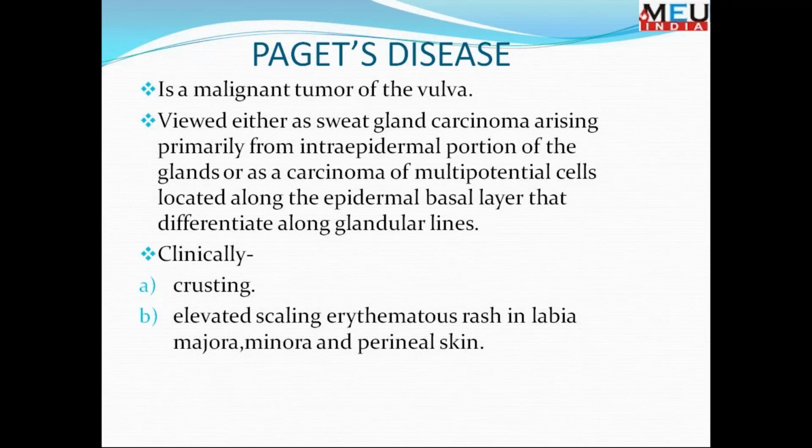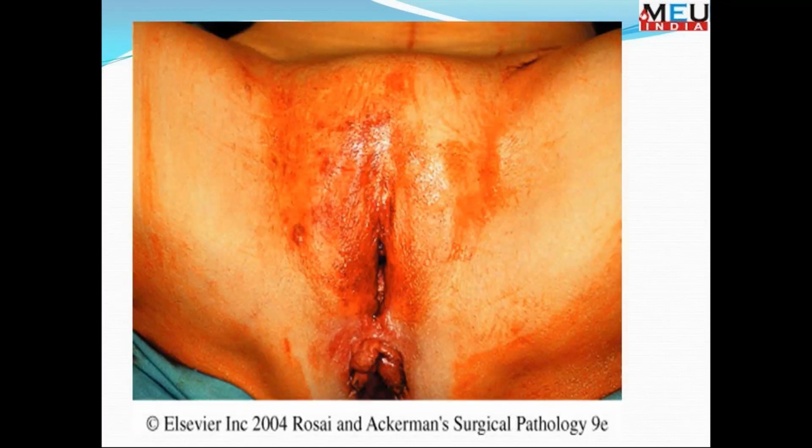Clinically, it shows a crusted, elevated, scaling erythematous rash in the labia majora, minora, and perineal skin. It is just like Paget's disease in other areas of the body, like the breast or the penile areas, and there is a reddish rash.